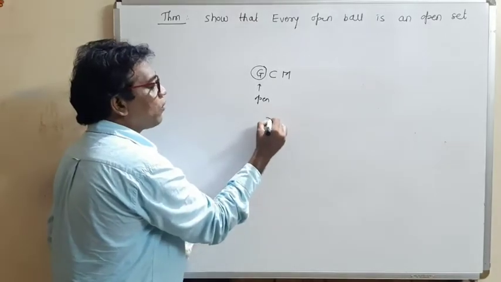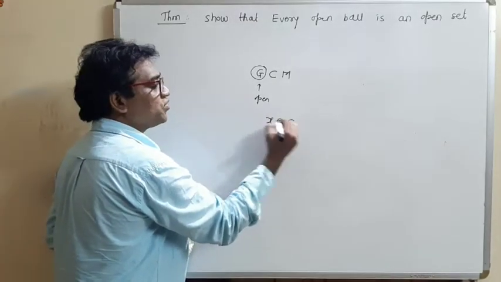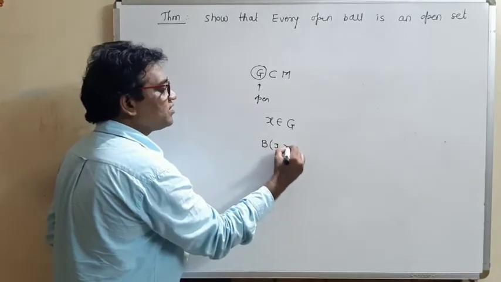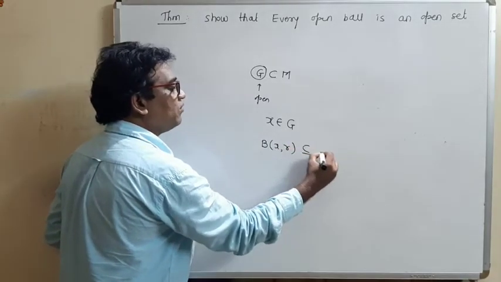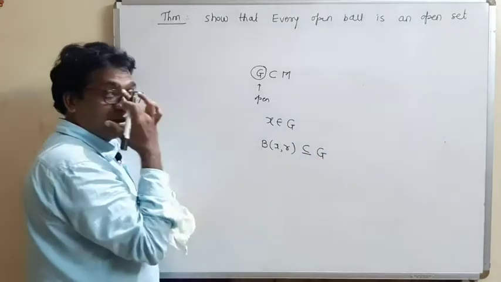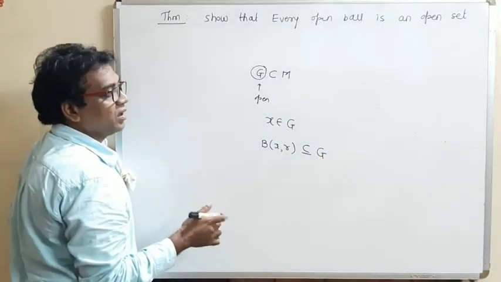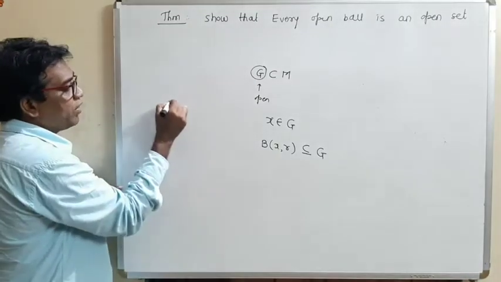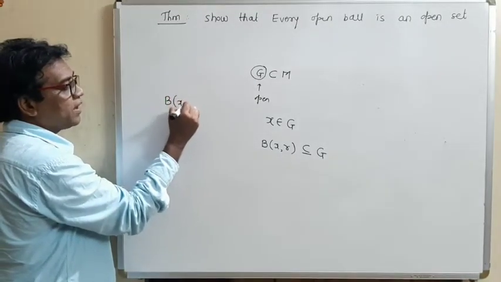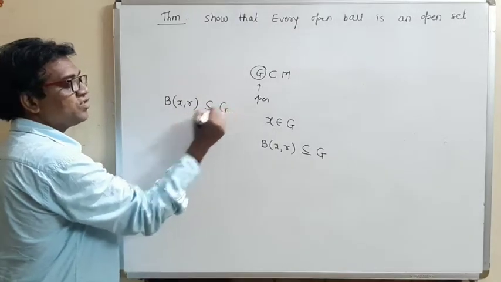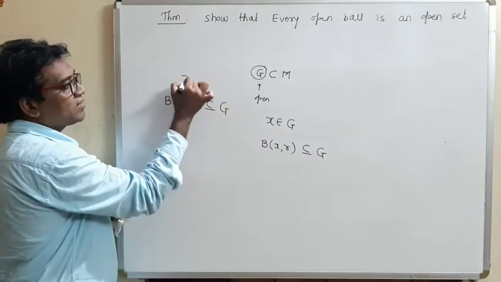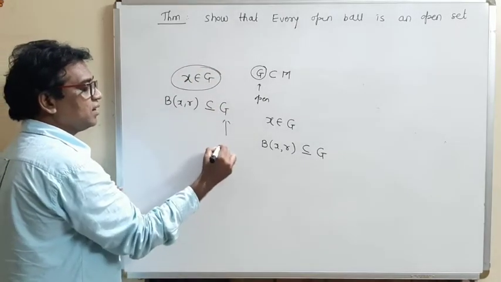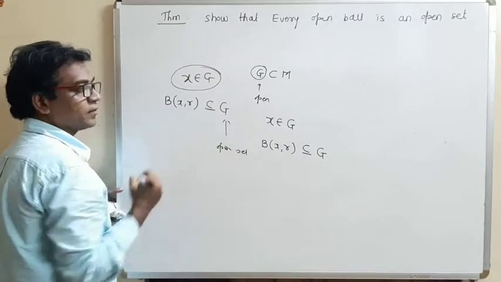Open means for each X belonging to G, we can find some open sphere B with center at X and radius R which is contained in G. Where X is every element of G, then G is called an open set.